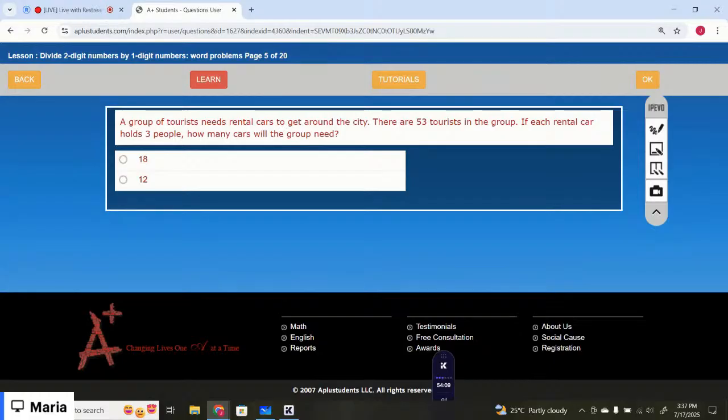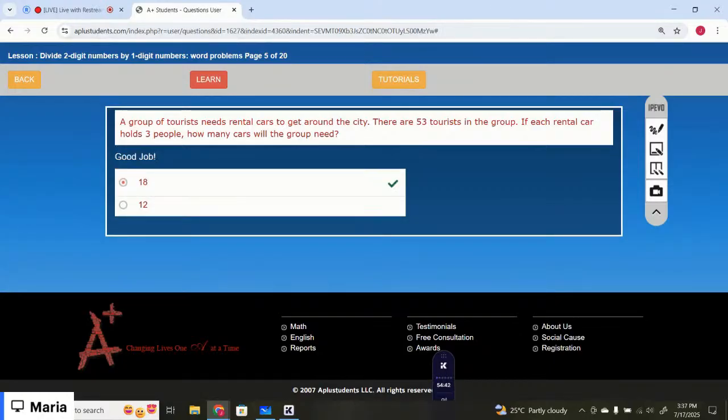So you have to do 53 divided by 3. That is 18. Option number 1 is the correct option.